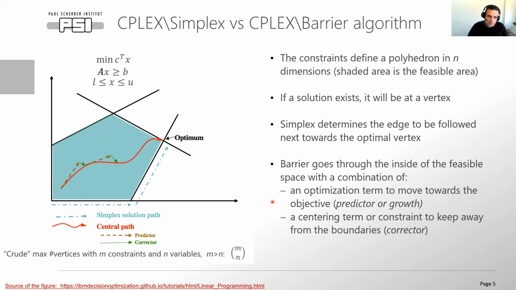A predictor or a growth, which is this yellow color here, which tries to move towards the objective function. And a corrector, which is these green arrows here, which tries to correct the algorithm so that it doesn't hit an edge, because if it goes there, then it's very difficult to reach the optimal solution. So this is how barrier works behind the scenes.